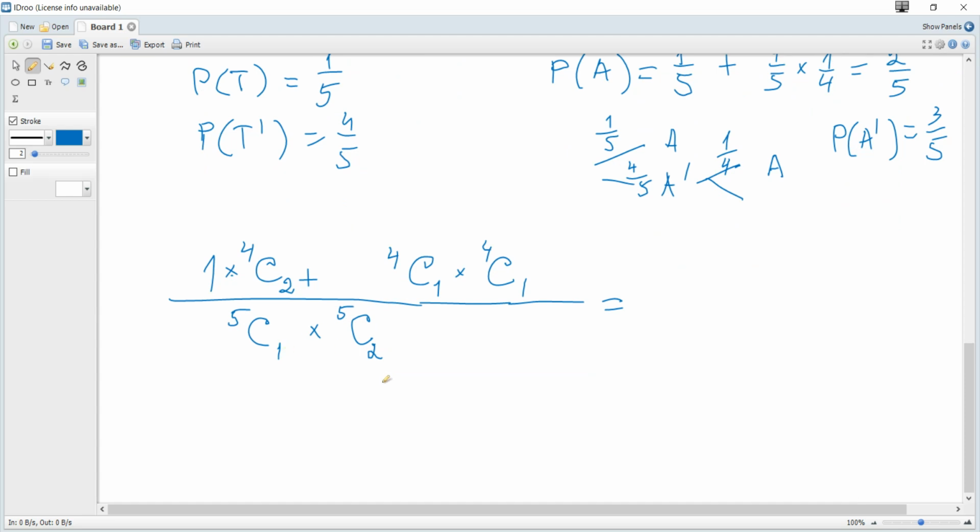And let's calculate. Combinations 2 out of 5, 5 factorial over 2 factorial, 3 factorial, 4 times 5 over 2, it's 10. So it's 10. Combinations 1 out of n, it's n, so it's 5 times 10. Combinations 2 out of 4, 4 factorial over 2 factorial, 4 minus 2, 2 factorial, 3 times 4 over 2, it's 6.